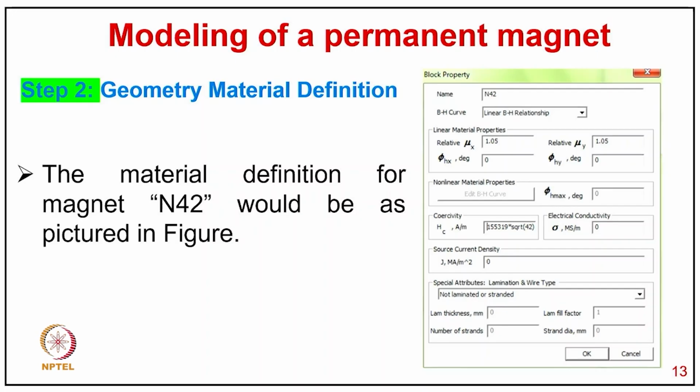The material defined for the magnet is N42, as pictured in the figure. As you select N42, then a linear relationship, relative permeability mu x 1.05, mu y 1.02. Similarly, you select other parameters like Hc in amperes per meter, which is given here as 155319 times square root of 42, and then you have different boxes.